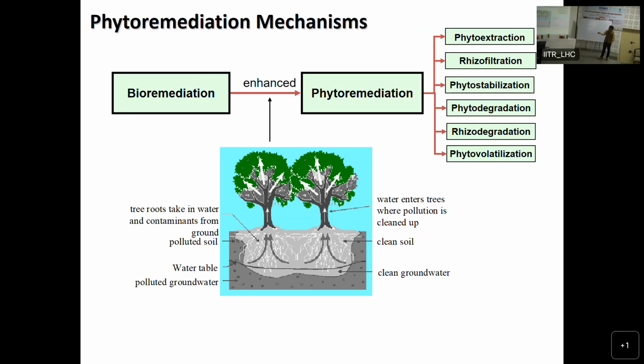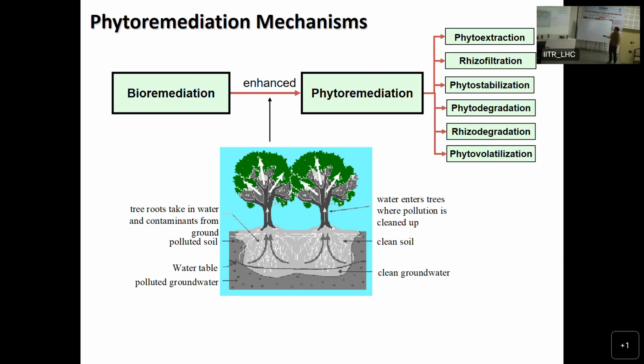Now, after plantation, the contaminants are taken up by the plant root biomass, and then subsequently these contaminants are translocated from the root biomass to the above ground part that is known as shoot biomass. So pollutants are physically removed because water uptake by plants is taking place. Indeed, contaminants which are dissolved in the water are also taken up along with the water by the roots. So contaminants are physically removed.